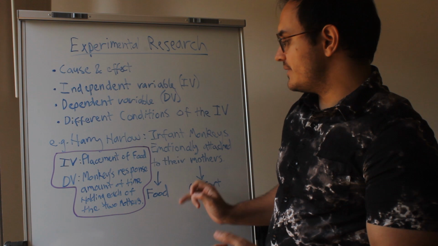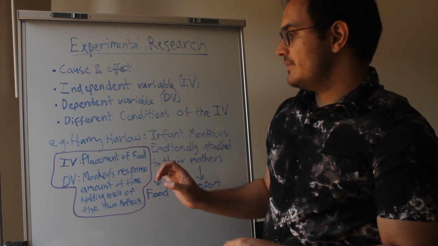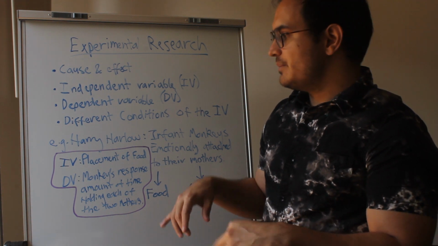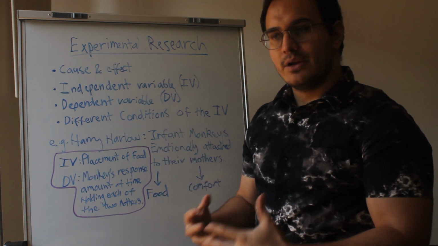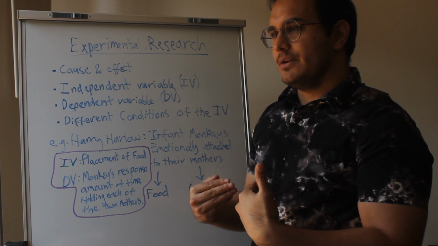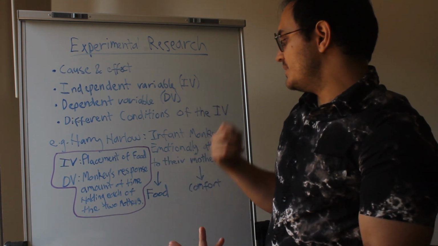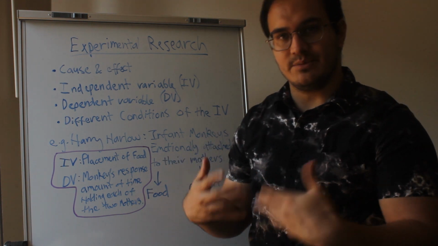So there are two different conceptual theories to explain a behavior. We want to conduct an experiment to understand better the relationship between the monkey and its emotional attachment with its mother.